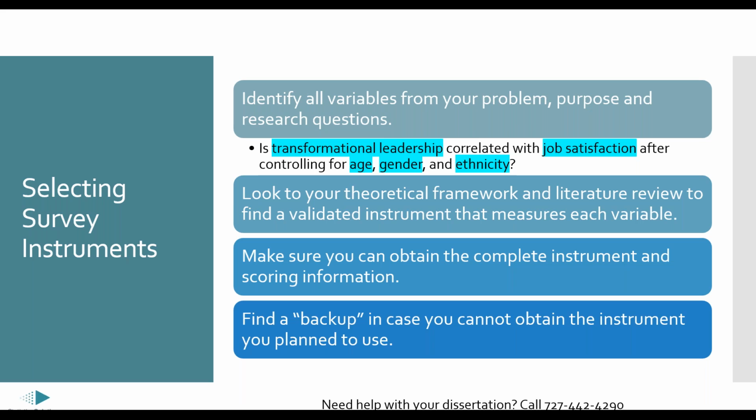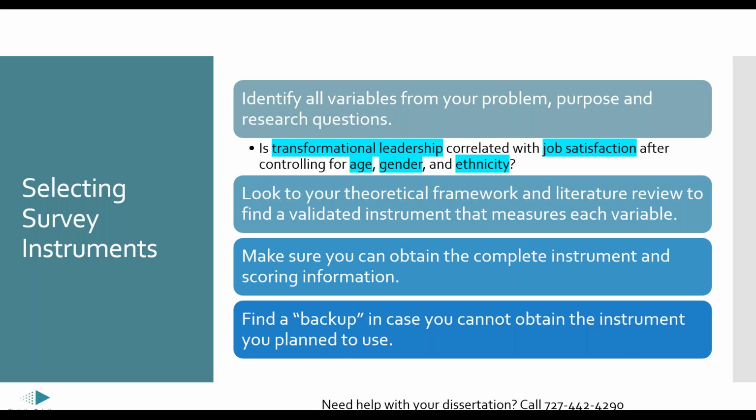You'll also need survey questions that measure age, gender, and ethnicity. So it really helps to just go through all of your research questions and even back to the problem and purpose to make sure that you've identified all of the variables that you need to measure to conduct your study. And so from there, you can find an instrument to measure each variable.